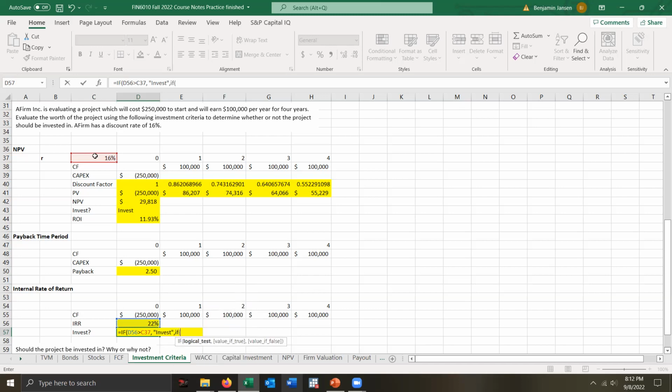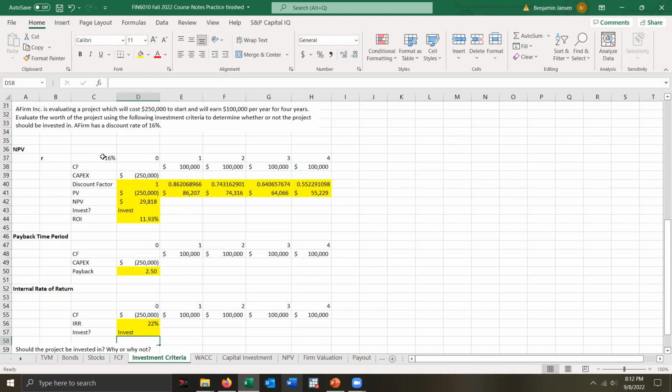If not, this is where we bring up our next if statement. We get our test. If it's less than 0, oh, nope, not less than 0, less than our discount rate. There we go. Reject. And then the last condition, indifferent.